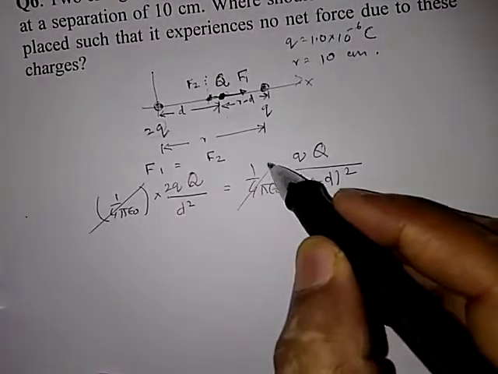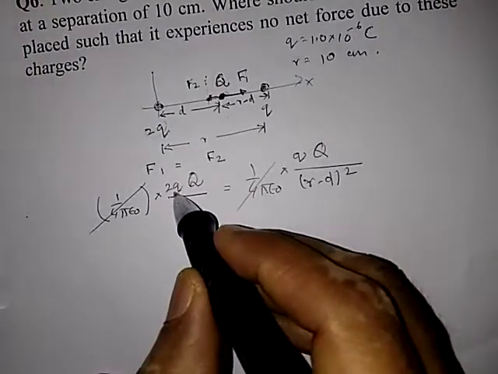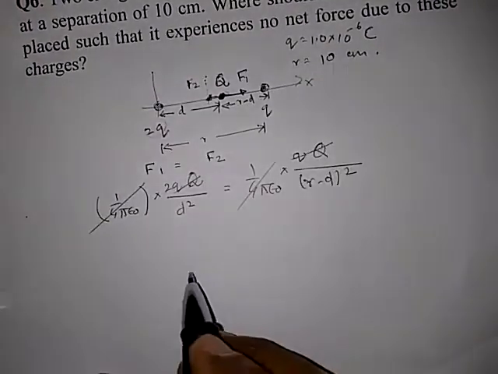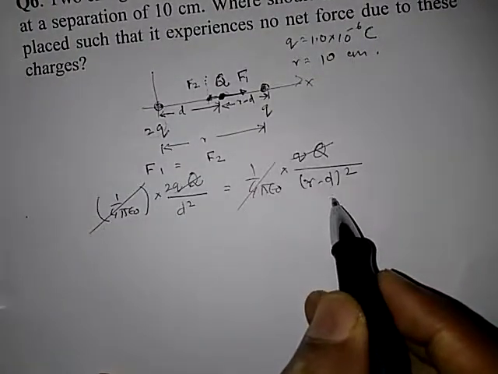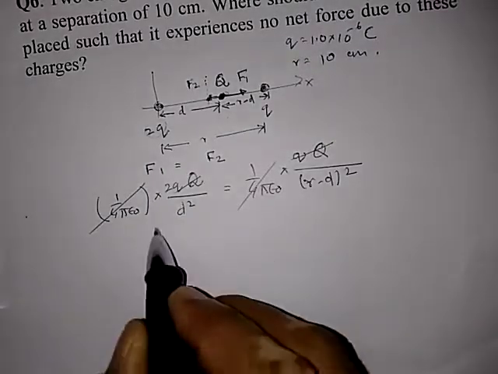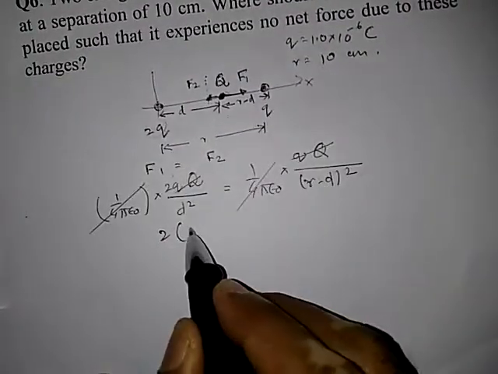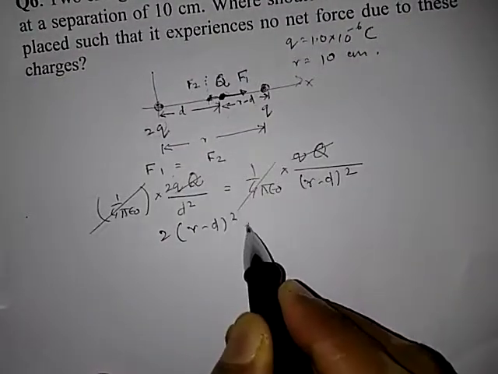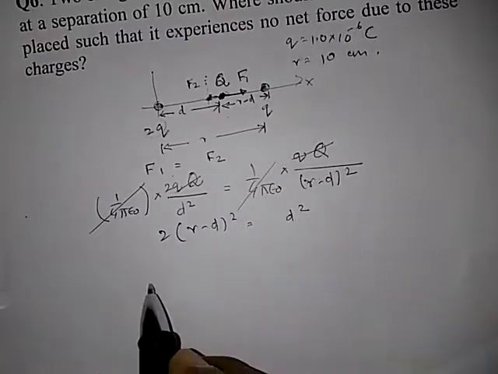Cancel out 1 upon 4 pi epsilon 0, and q into Q goes away, and then we take this one upside down. So we have 2 multiplied by r minus d whole square is equal to d square.